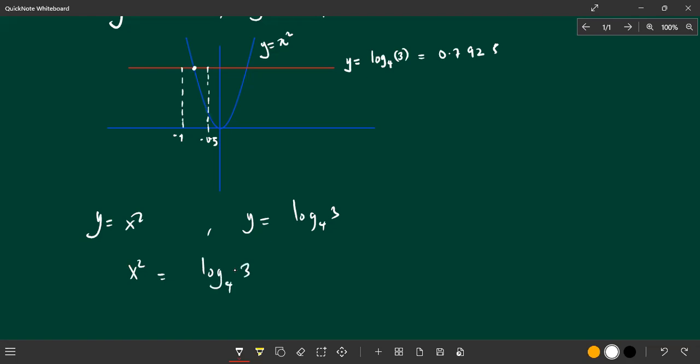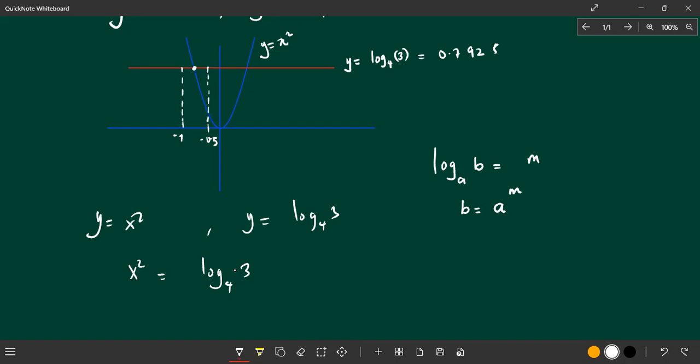So now I can get rid of that log. Remember that if I have log base a of b equal to m, this is the same as b equal to a to the power m.